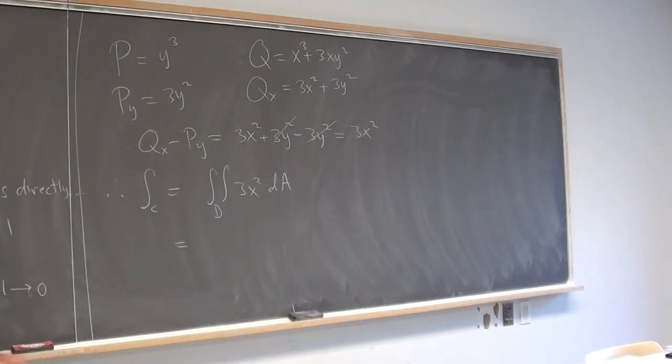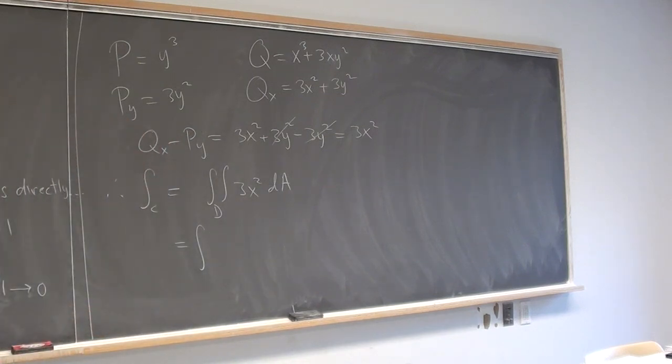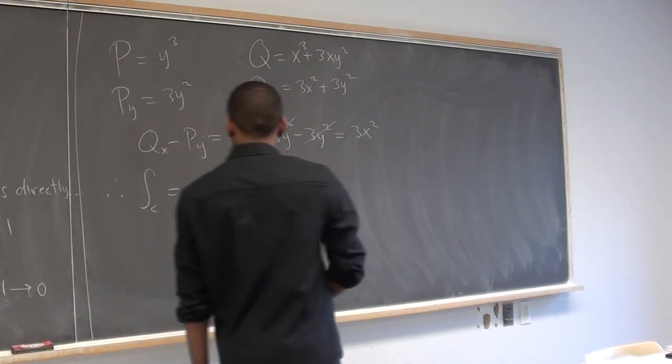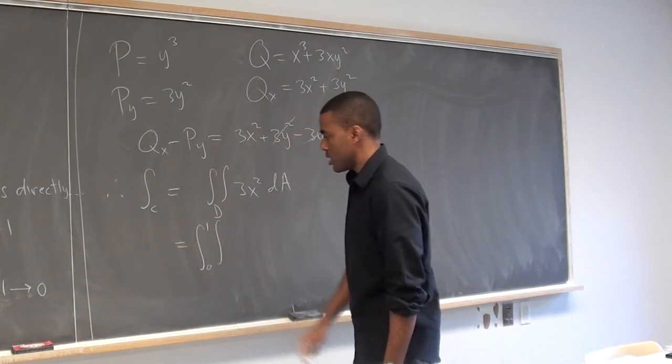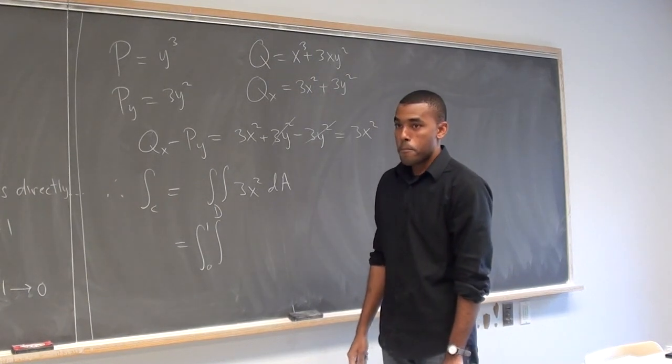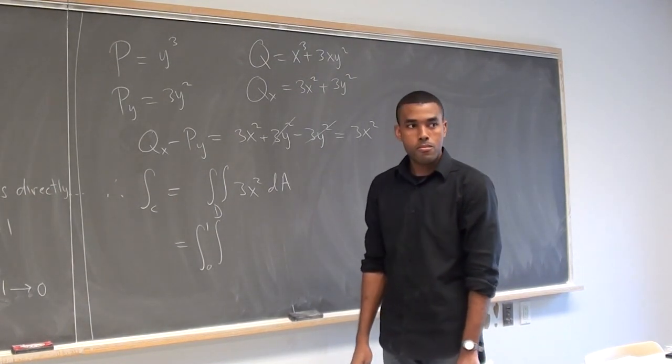How would you set up that integral? D is this region. The upper bound minus the lower bound. What are the limits on the outer integral? 0 to 1. What's the inner limit? Oh wait, you're right.